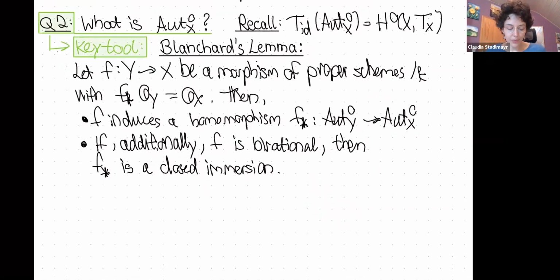Okay, and this second point now raises the natural question, what is the image of Aut Y0 in Aut X0? And luckily, in this easier setup of question 2, we can describe the image in some simple cases. For example, if f is the blow-up of a point on a smooth surface. And this is the content of the next fact.